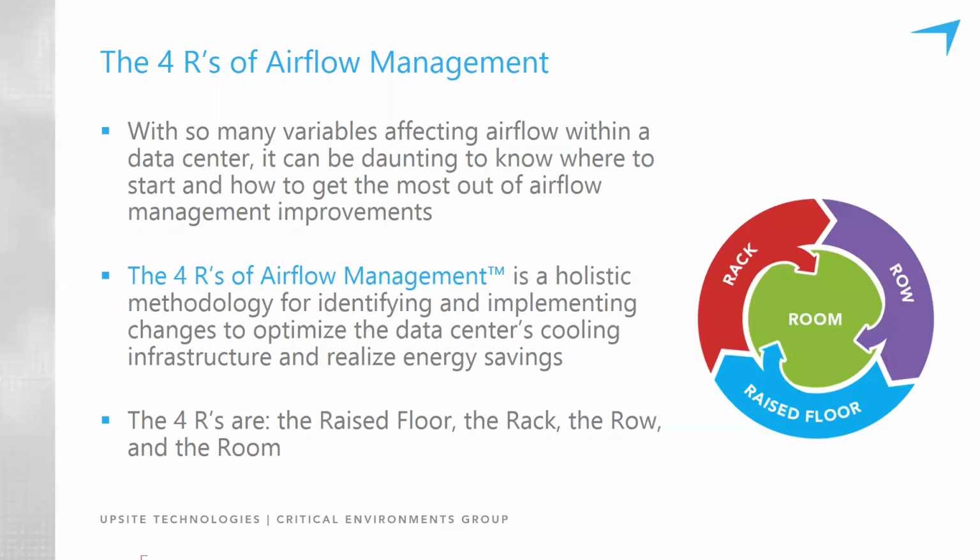And each of those 3 elements point to the room in the center, because the room is the location where adjustments need to be made to realize those benefits. Rob's going to now take a few minutes and go through a review of those 3 R's, and then we'll spend the rest of the time on the presentation talking about the room level and how to optimize the cooling.